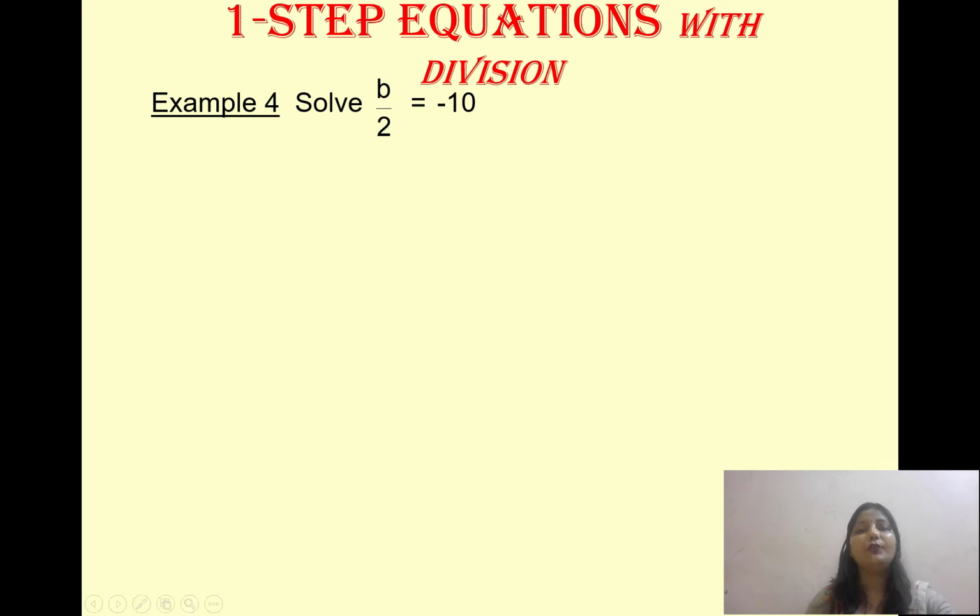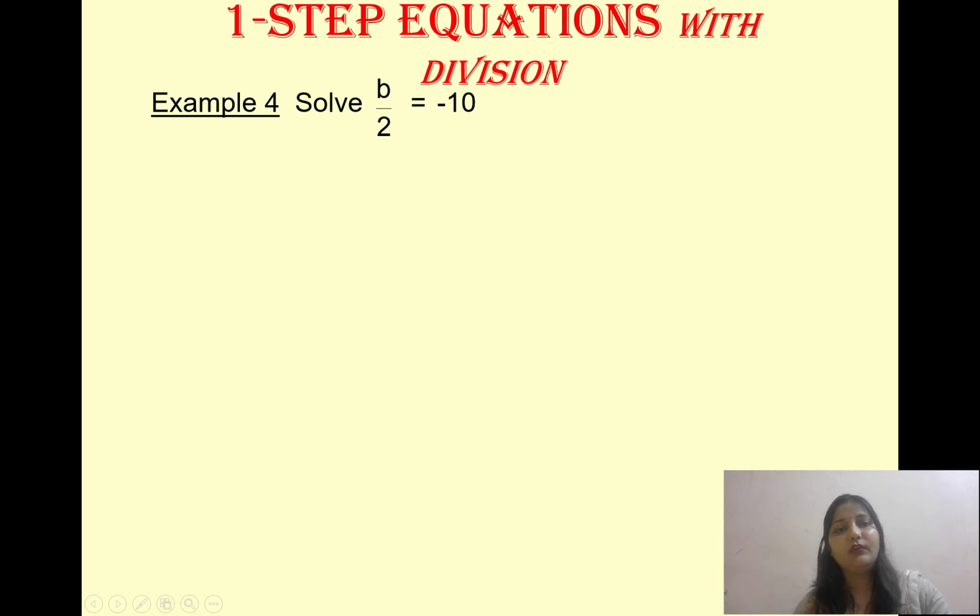How will you solve this problem? Can you tell me? Have you any idea to solve it? Yes. Here the variable is b. So we need to find out the value of b.